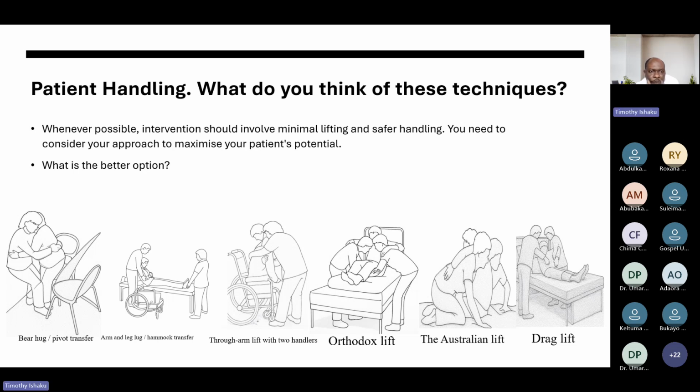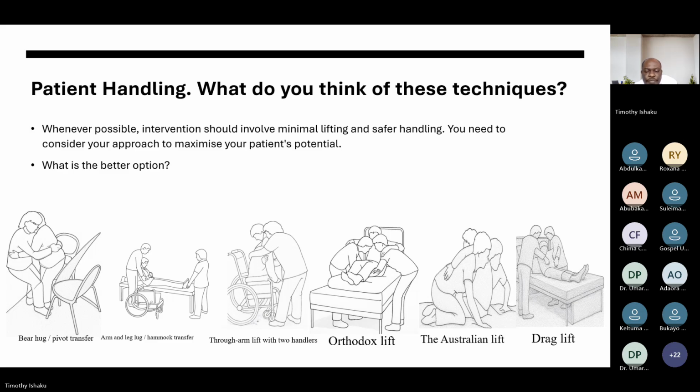So how do you maneuver patients? Is this something familiar to you, these techniques on the PowerPoint? Okay. Yes, somebody, Yunus, mentioned yes, and they do it most times. Yep. Hello. Yes, I'm here.